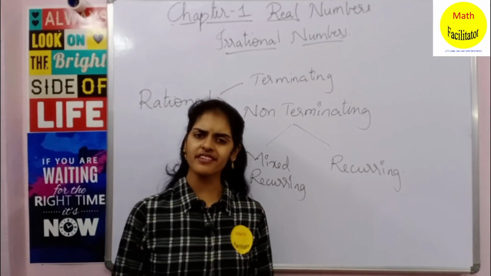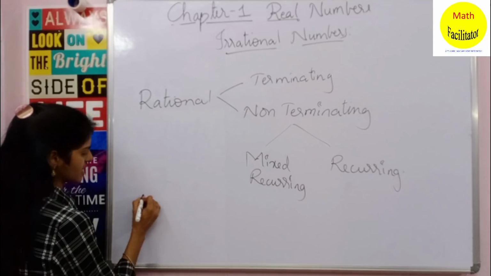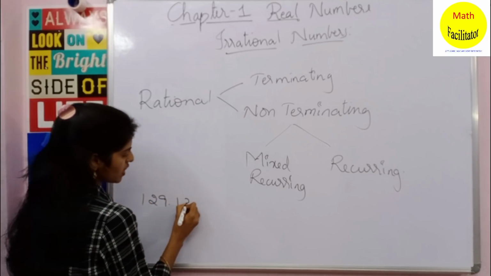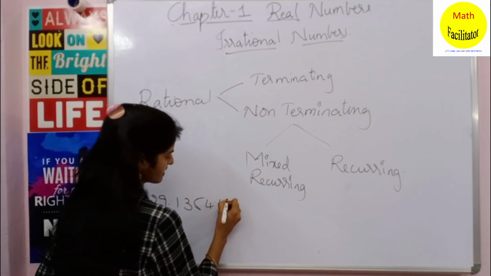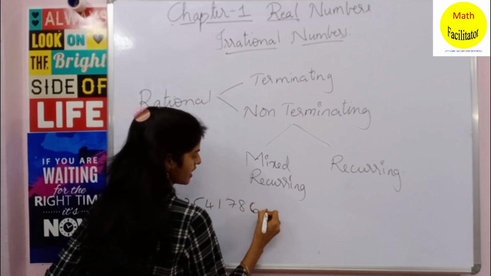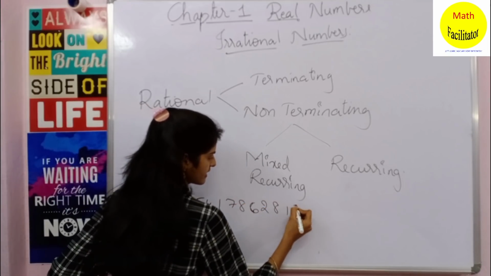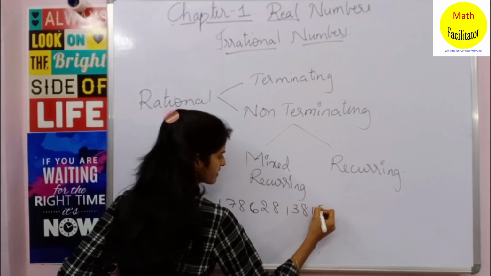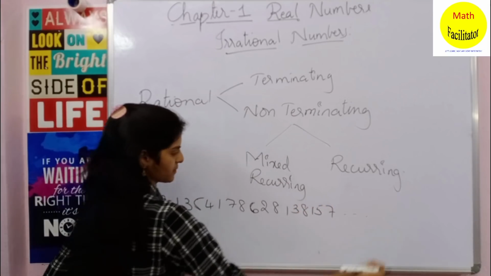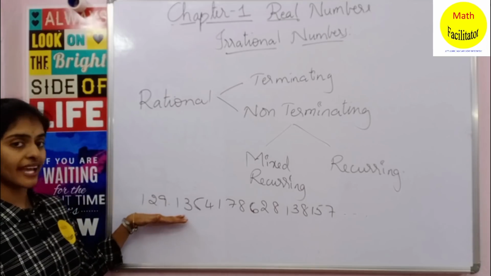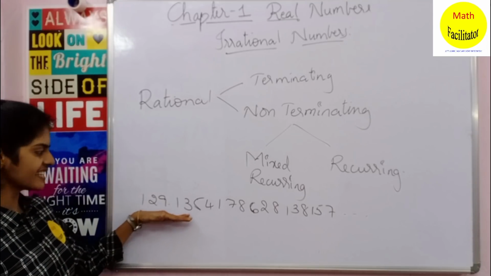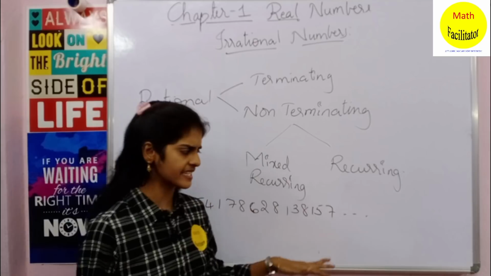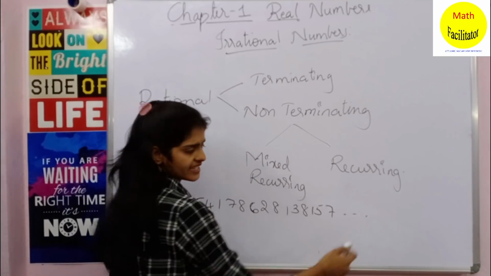What if I give you a decimal number, for example 129.13541782813817 and so on. Now if you look at this decimal number, you can see that these decimal places are non-terminating. There is no end to the decimal places.